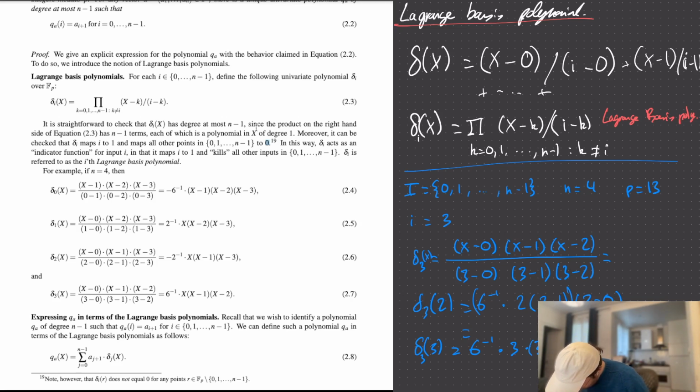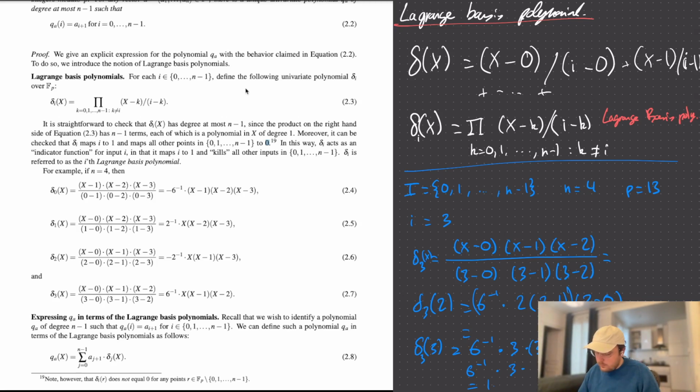So it's going to be 6 times... it's equal to the multiplicative identity, which is 1.